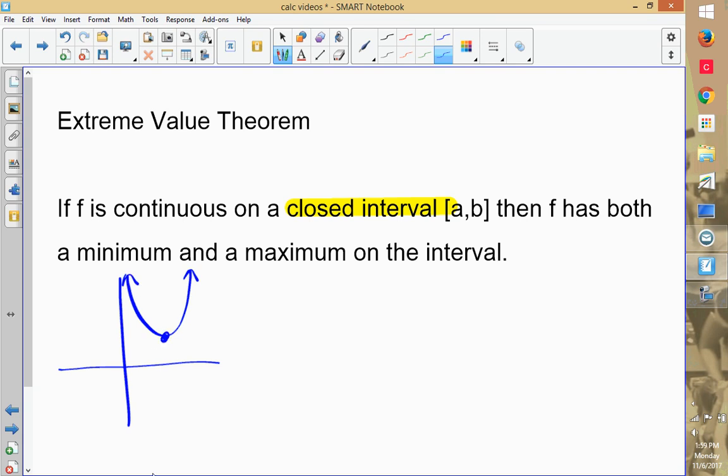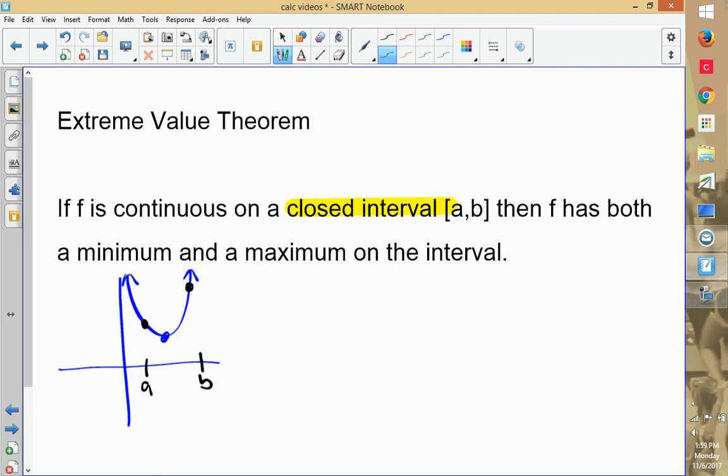But this is on an open interval. If we were to close that and deal with an interval from, let's say, a to b, you are then guaranteed to have at least a max because I have a stopping point somewhere.